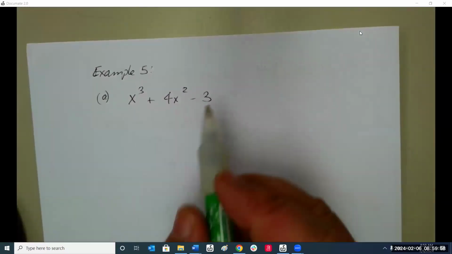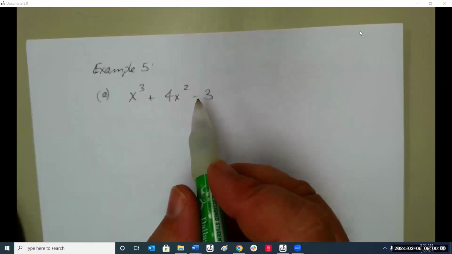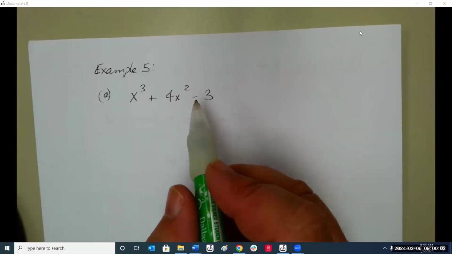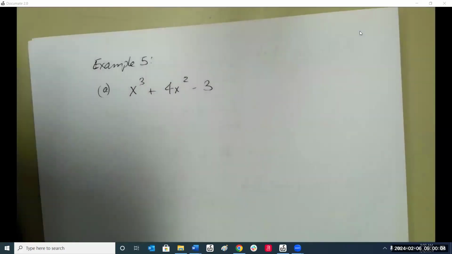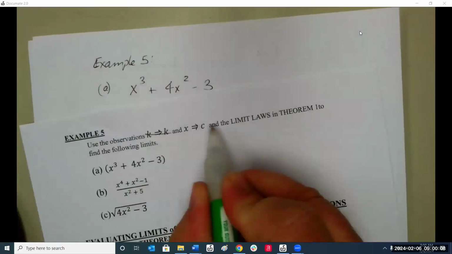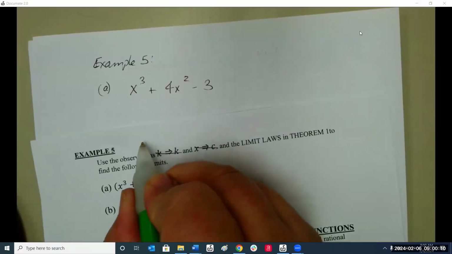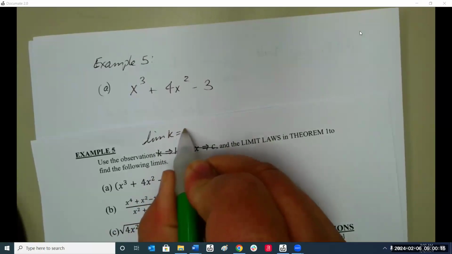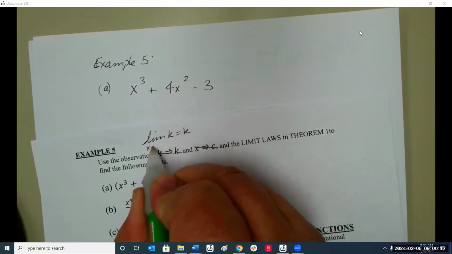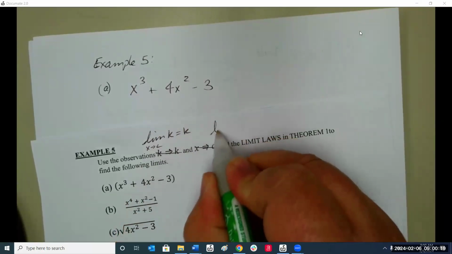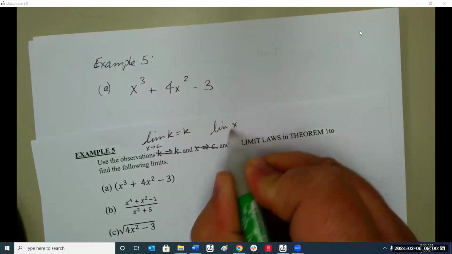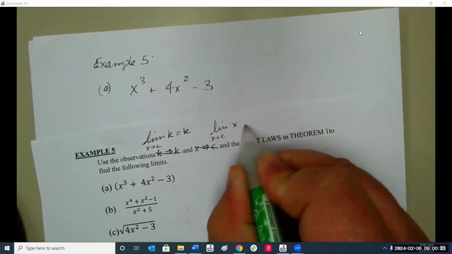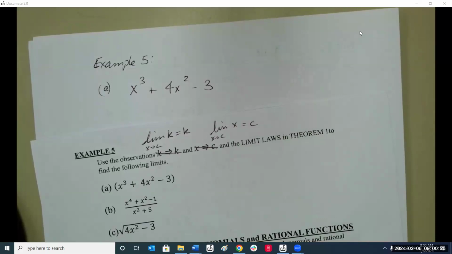I really messed up this example. These, the limit of k equals k as x approaches c, and the limit of x as x approaches c is c.